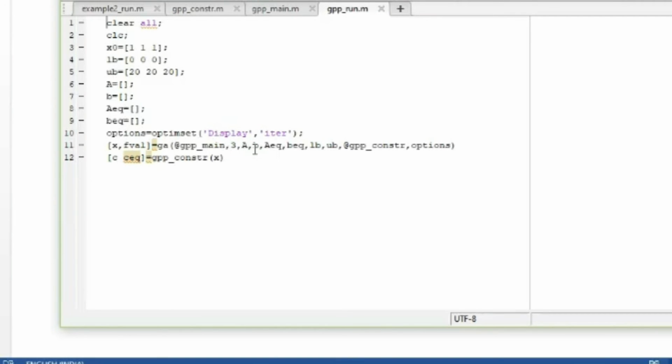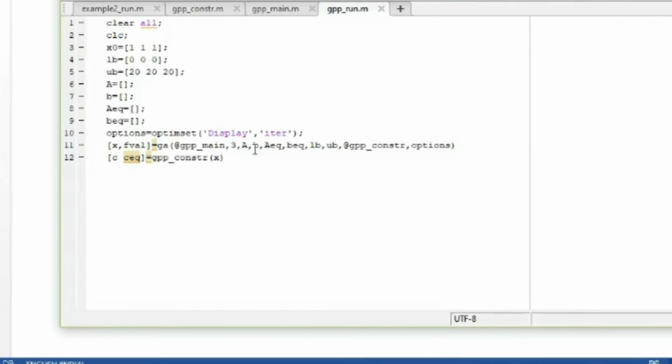Here the GA solver, as per the mechanism of genetic algorithm, as sir was discussing in the morning, takes default values for the initial population size, the length of the chromosome, the number of iterations or generations, the crossover probability, and the mutation probability.